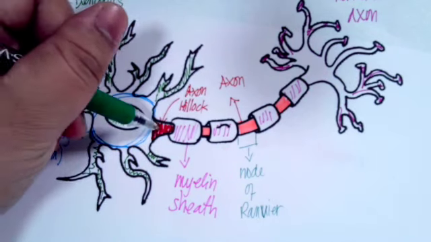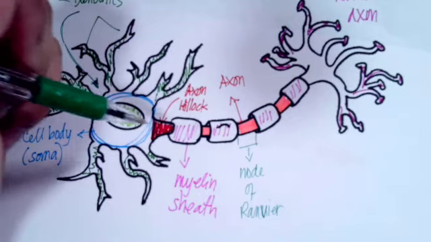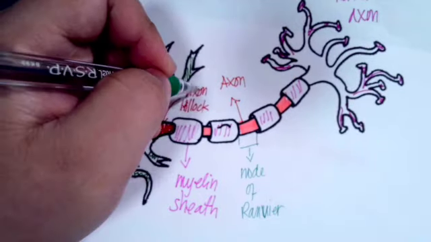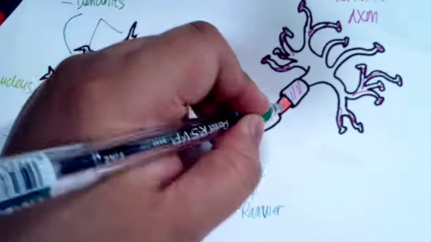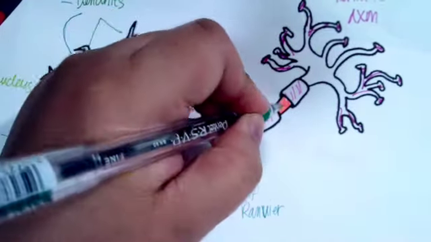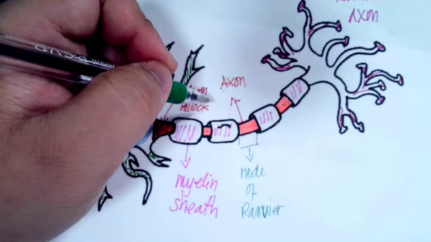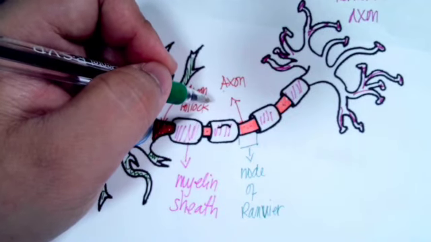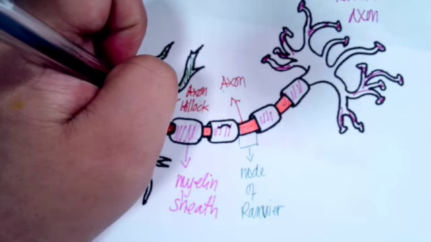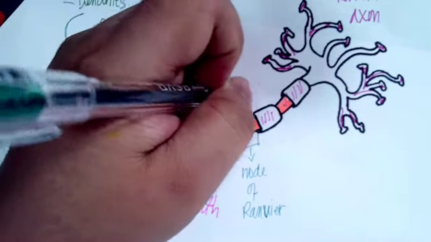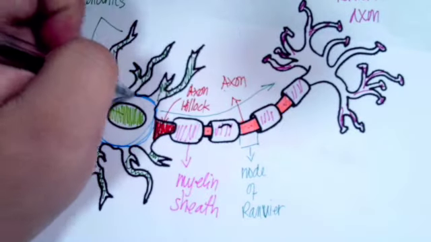So this is what we call the decision maker. Next is the axon. So these are the axons. The axon carries the nerve impulses away from the cell body.